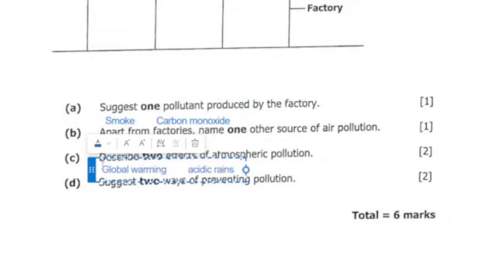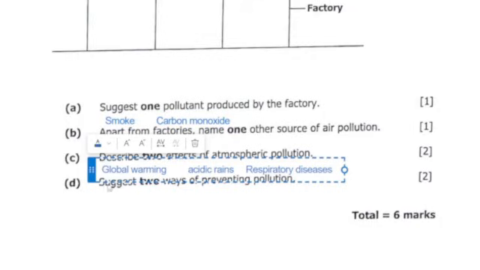Okay, so there will be acidic rains that will come, and then it also causes respiratory diseases, like TB and other respiratory diseases.